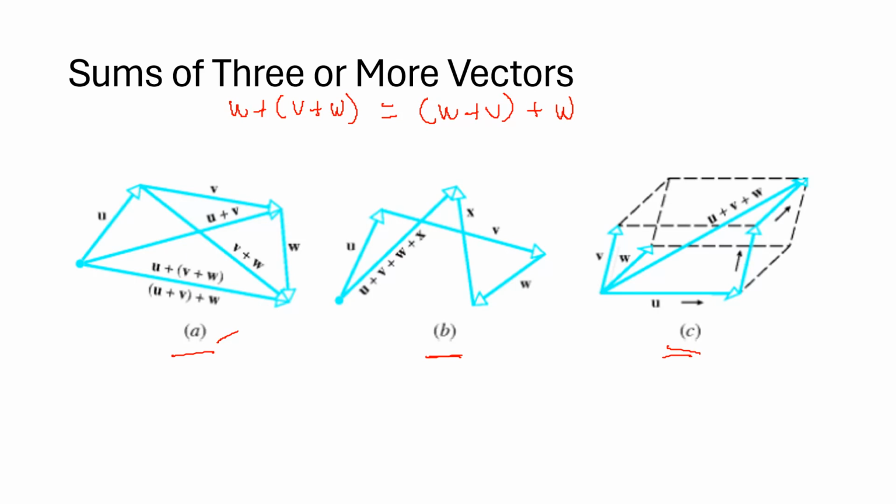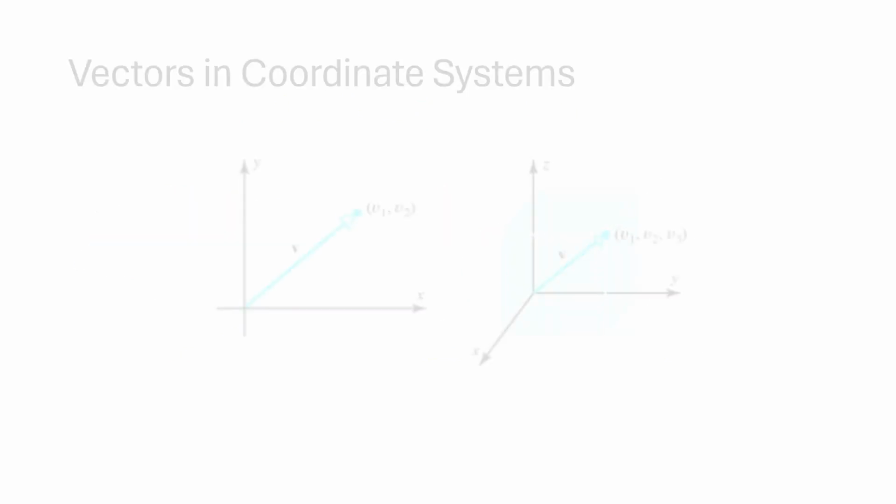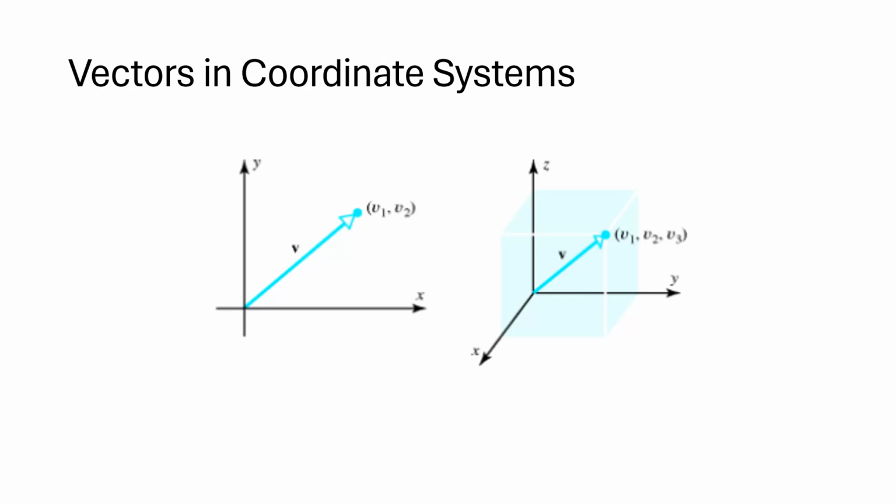So we have vectors in coordinate systems. Up until now, we have discussed vectors without reference to a coordinate system. However, as we will soon see, computations with vectors are much simpler to perform if a coordinate system is present to work with.